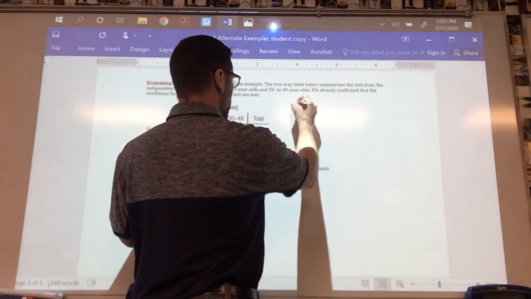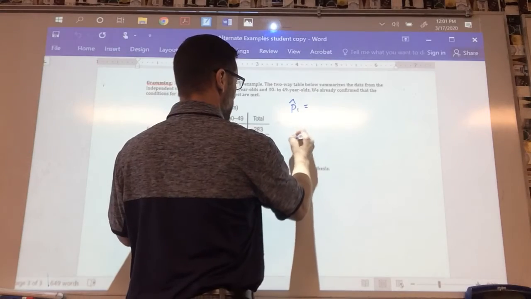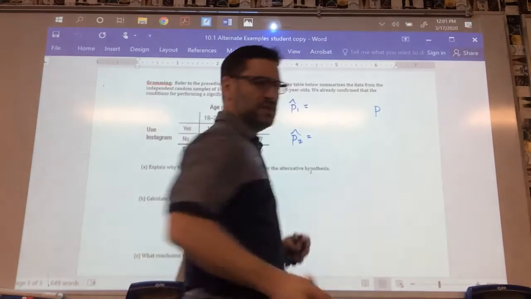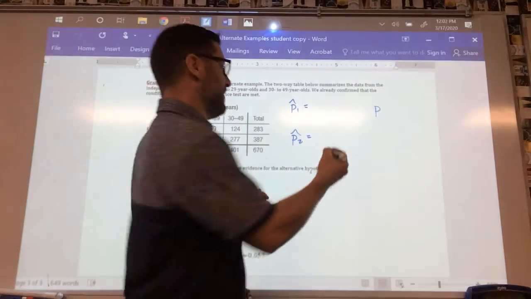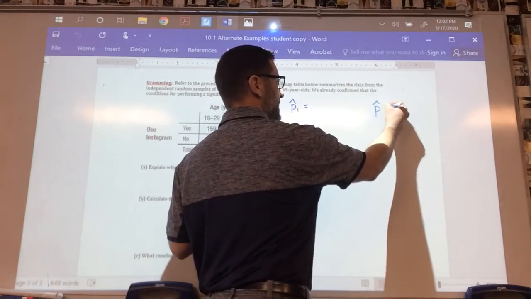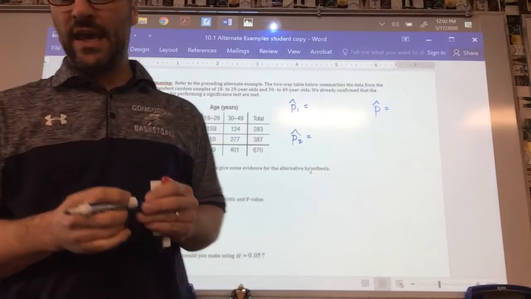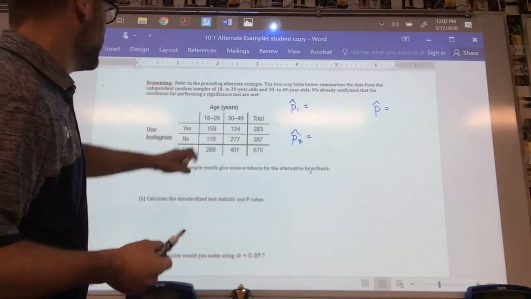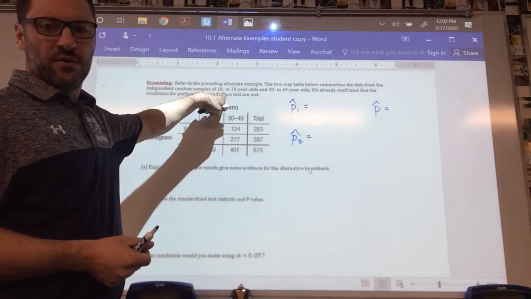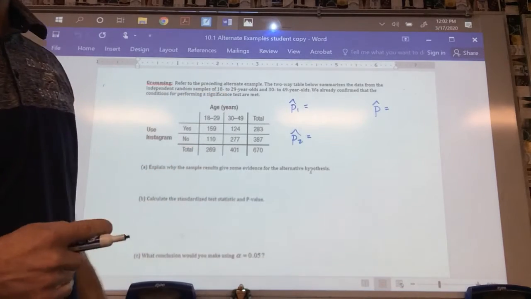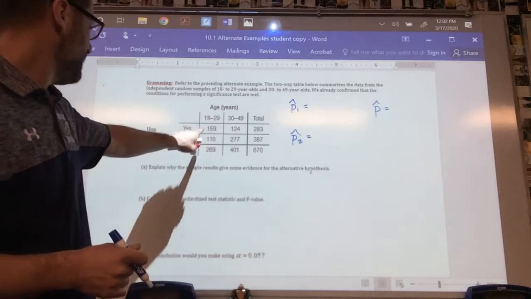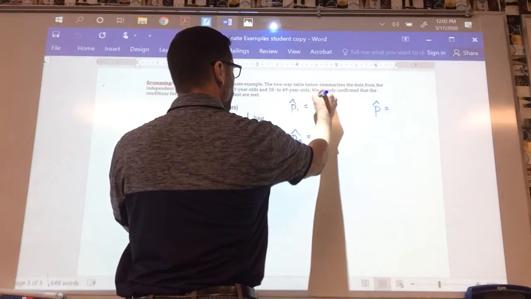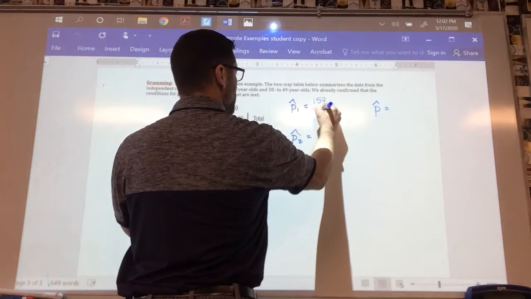Let's find some values that we're going to use in our calculations. I want P1, I want P2, and I want the P hat value, the expected value of what I would get. The P1 value was the 18 to 29-year-olds, so I'll help you get it. It's 159 out of 269.